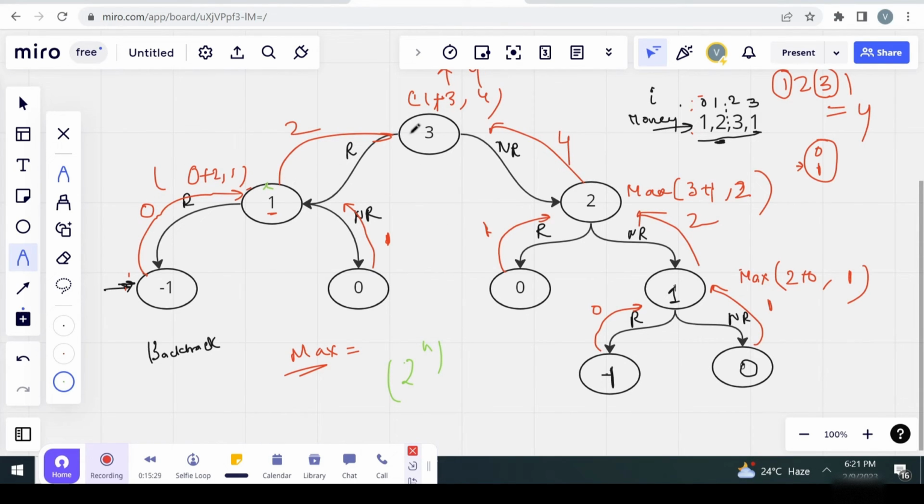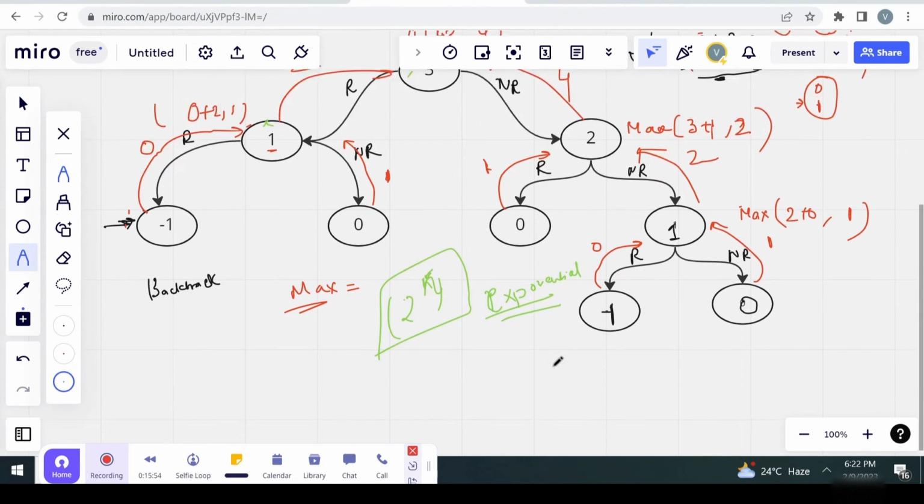For every node we are branching 2 times, and the maximum number of nodes we can have is the number of houses. So it will be 2 to the power n, exponential.